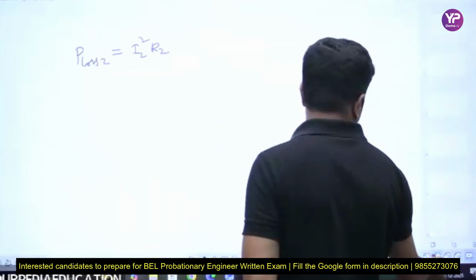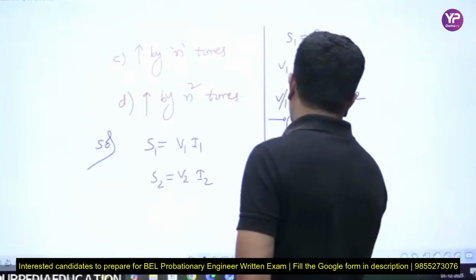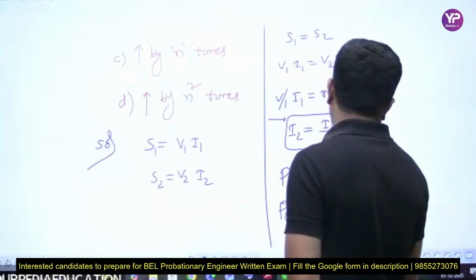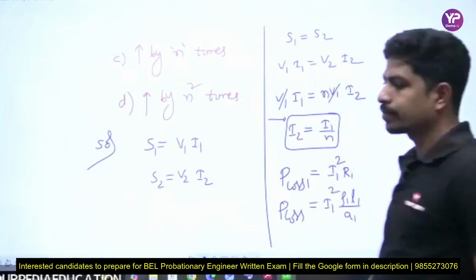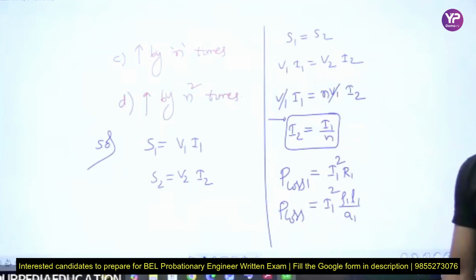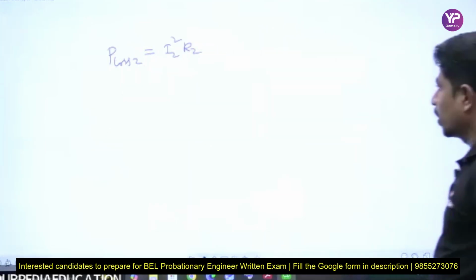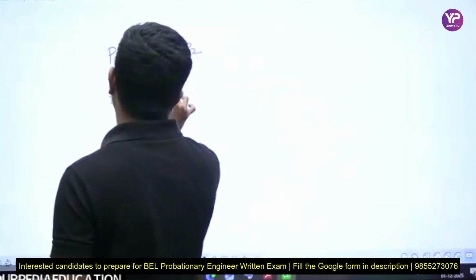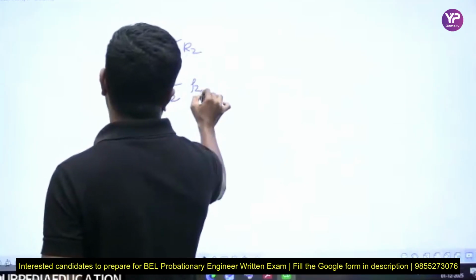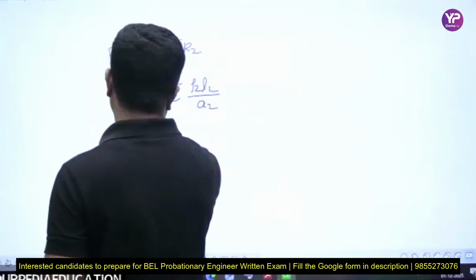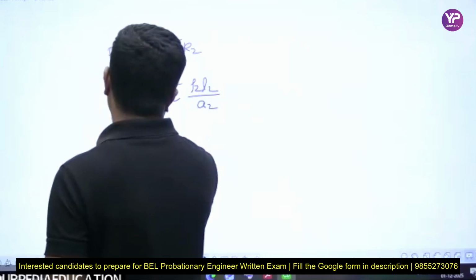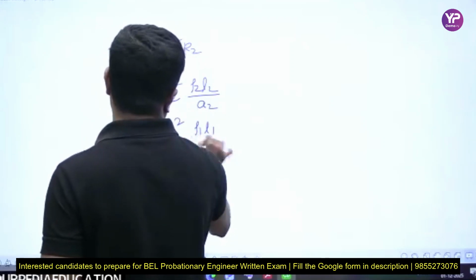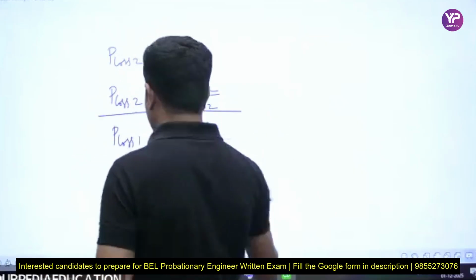Resistance is rho L by A. So power loss 1 is I1 square into rho 1 L1 by A1, and power loss 2 is I2 square into rho 2 L2 by A2.